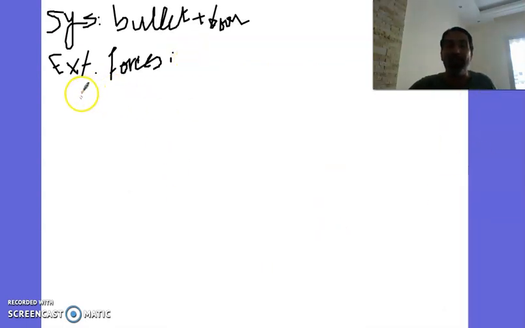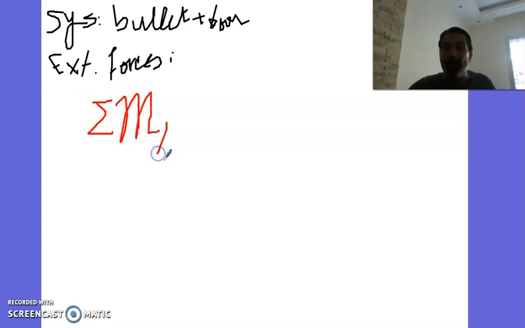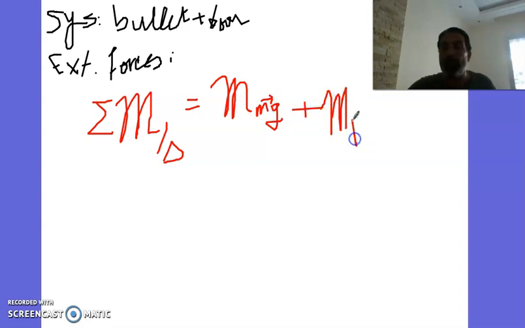So the external forces are the weights and R, but the sum of moments with respect to delta is equal to the moment of the weight of the bullet plus the moment of the weight of the door plus the moment of the reaction.